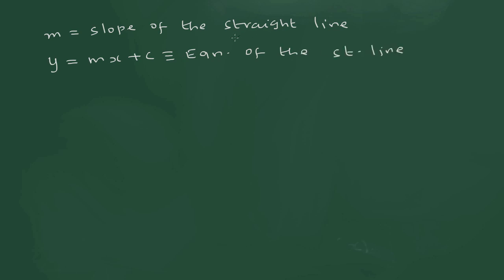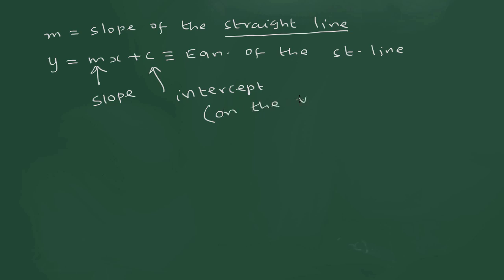So this word will always come. Straight line is there, and therefore this m will be the slope of the straight line. The c is known as the intercept. This intercept will be on the y-axis. That point you have to remember. The intercept will be on the y-axis.